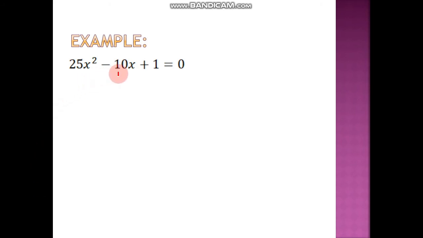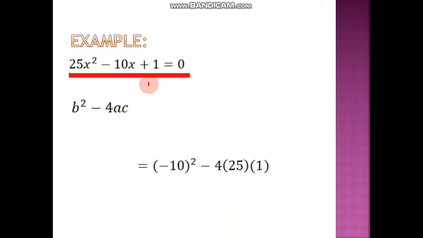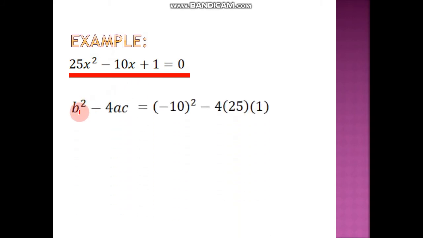25x squared minus 10x plus 1 equals 0. If you see this given example, it is now in standard form. We can identify the values of a, b, and c. Our b is negative 10, our a is 25, and our c is 1.